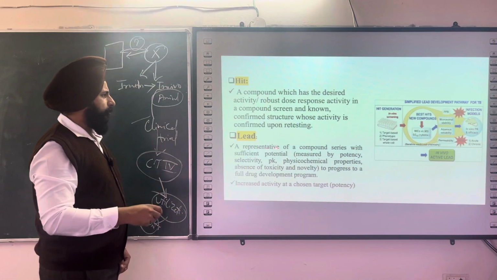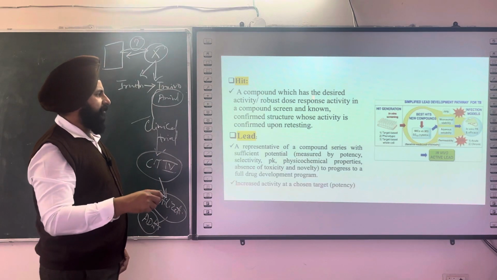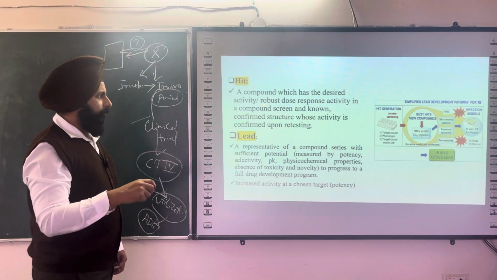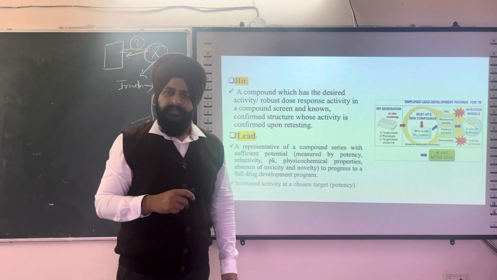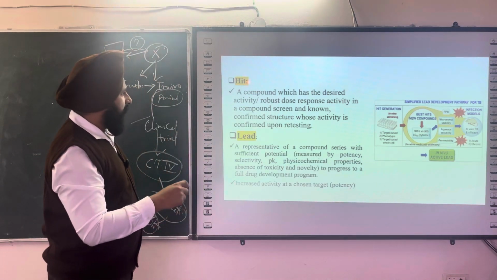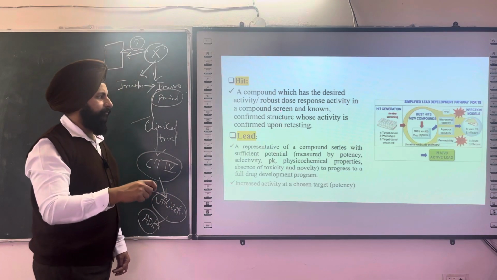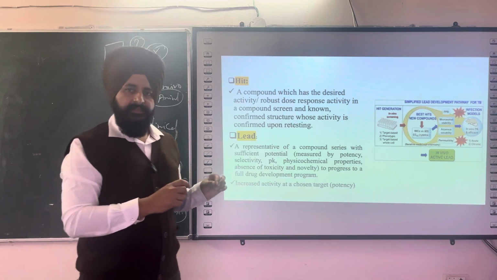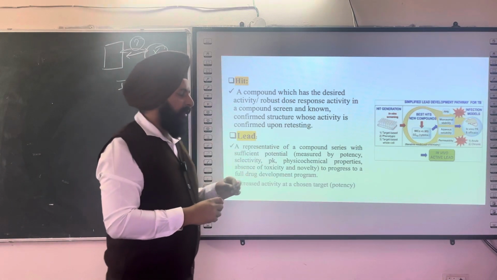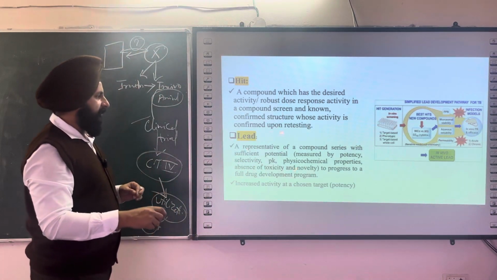Now, there are two things: whenever we synthesize any molecule, we assume that it can be a hit molecule. That means if it is a hit, it will have some binding capacity, some kind of structure, some kind of activity, and it can go on to become a lead.